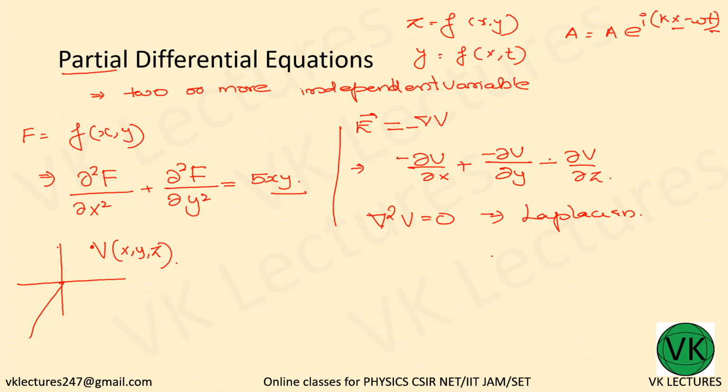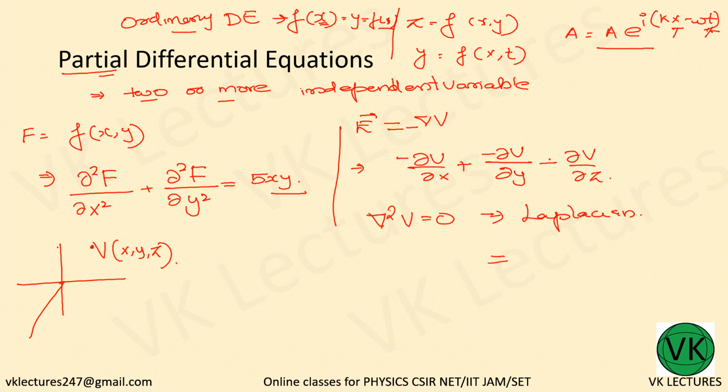So what is the difference between the ordinary differential equation and the partial differential equation? In an ordinary differential equation, you have only one independent variable, that is x, or you can write y is equal to f of x. But in the case of a partial differential equation, you have two or more independent variables, as in the case of a wave equation, a to the power i(kx minus omega t), where x and t are the variables.